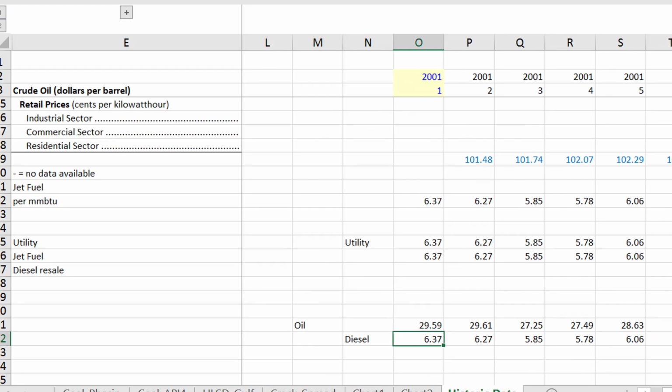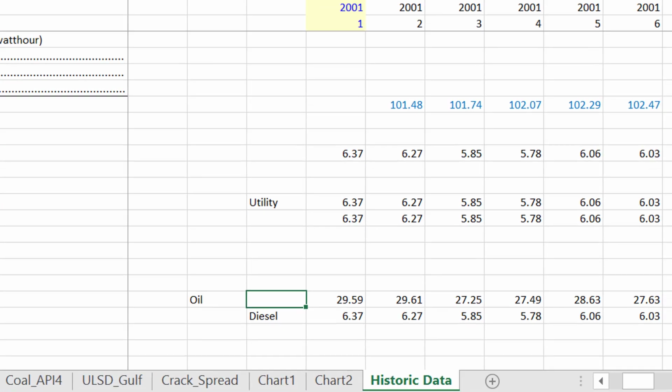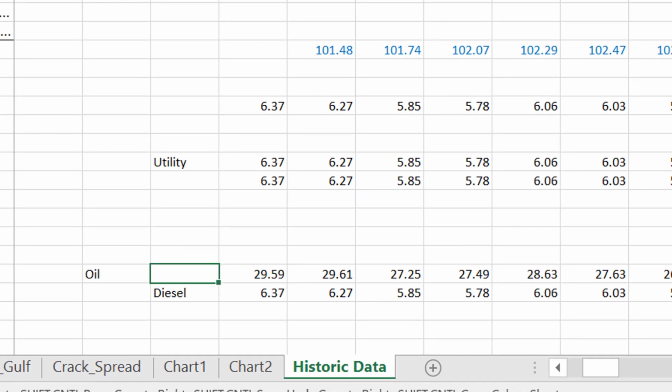Sorry about that. And here I did our big trick. I said, let's make the oil on the x-axis. So this is the oil in USD per barrel. Sorry about that. And this is the price of diesel in USD per MMBTU.